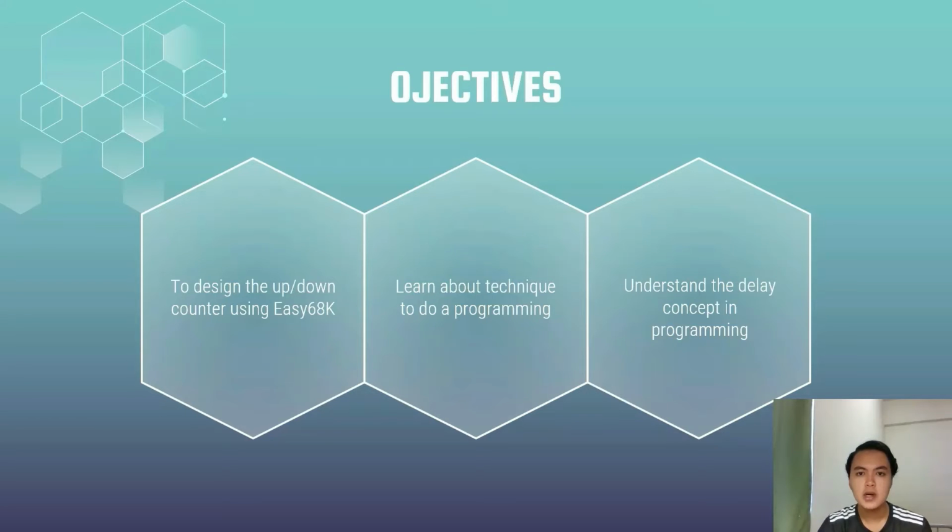Next, learn programming techniques, such as understanding the function of BNE. BNE stands for branch not equal to 0, and the other types of coding. Last but not least, understand the delay concept in programming, for example, the timer.